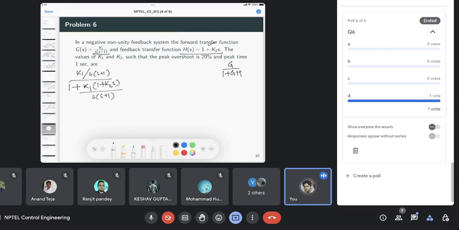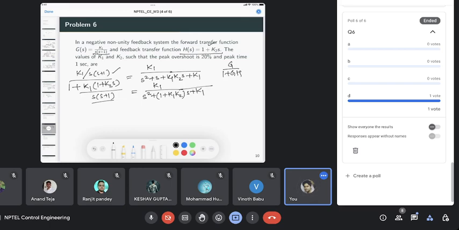You simplify them, so it will be K1 by s square plus s plus K1 K2 s plus K1. The s into (s plus 1) terms in the numerator and denominator cancel out. So this is the closed loop transfer function, or you can simply write it as K1 by s square plus (1 plus K1 K2) s plus K1.